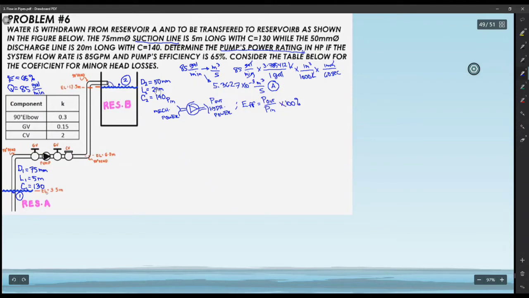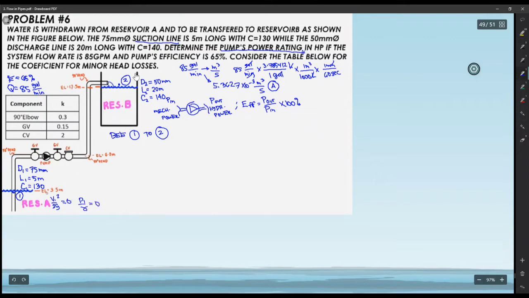So, what we will do here is apply Bernoulli's energy equation from point 1 to point 2. Again, at point 1, since it is a reservoir, a big container, we know that the velocity head is equal to 0. And aside from that, since it is open, the pressure head P1 over gamma is also equivalent to 0.